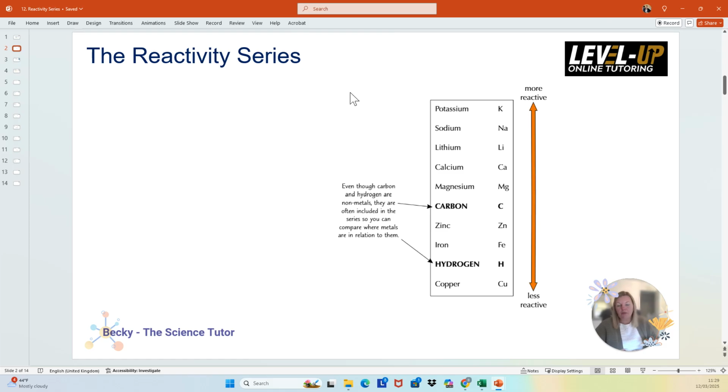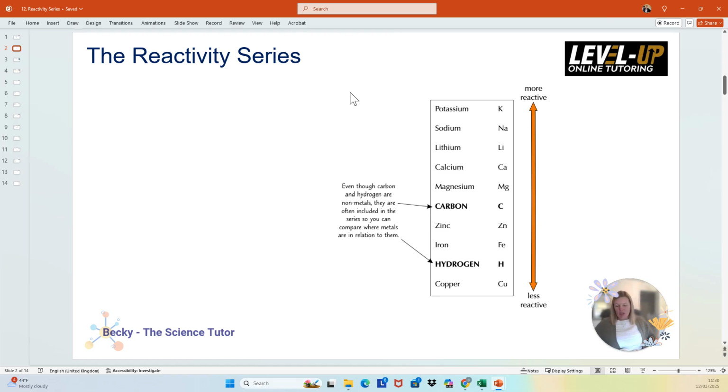If you think about group 1, we determine their reactivity by looking at how they react with water. And we're going to have a look at how we can use displacement reactions to determine reactivity. That links to our group 7, because we use displacement reactions with group 7 to determine their reactivity. I know group 7 are not metals, but we can use the same principles.